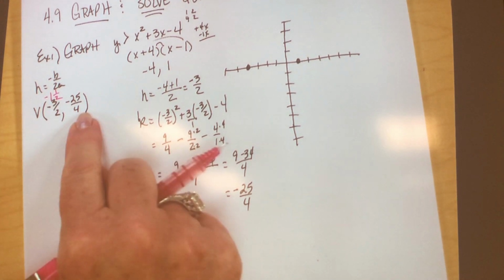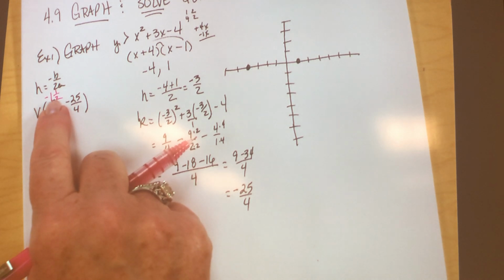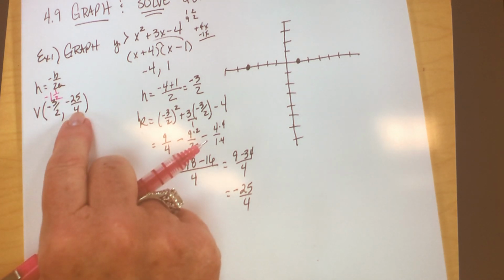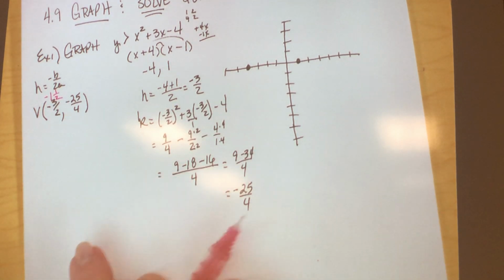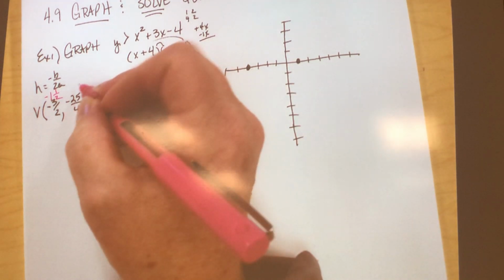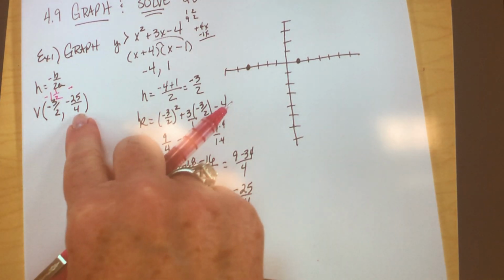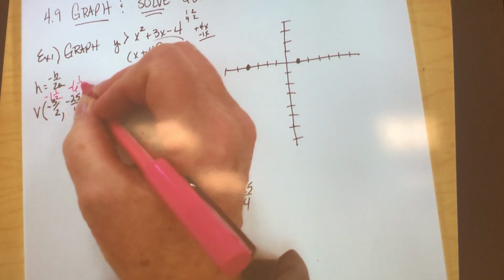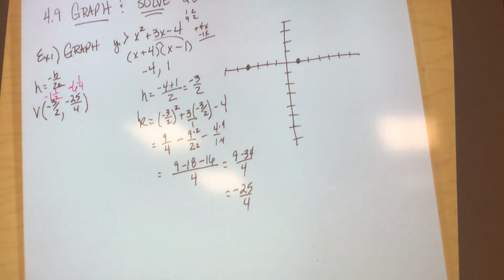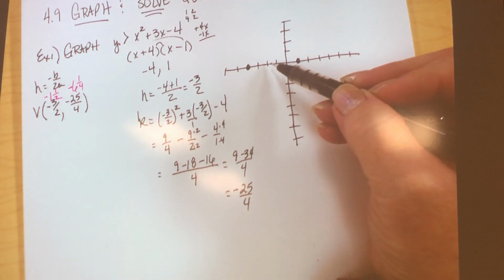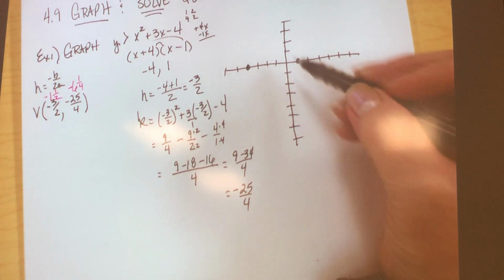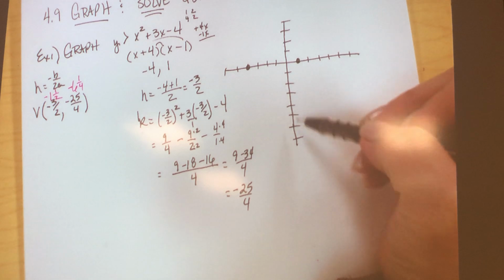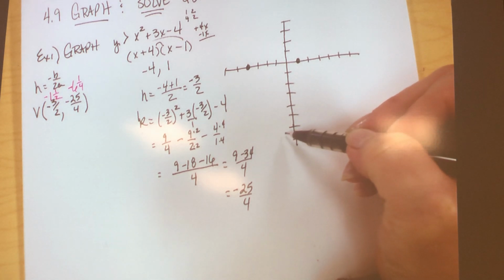Because my brain can think this, but when I go -25 fourths, my brain doesn't go, oh, I know exactly where that is. Okay? So we rewrite it as a mixed number. How many times does 4 go into 25? 6. With how many left over? So my vertex is -1 1/2 down -1, 2, 3, 4, 5, 6 1/4.